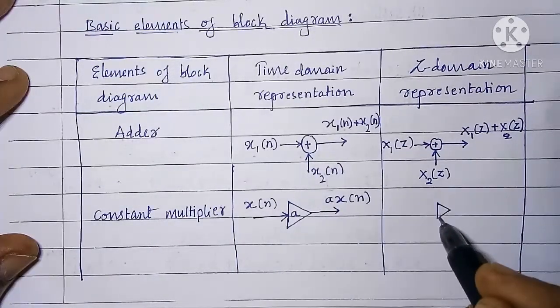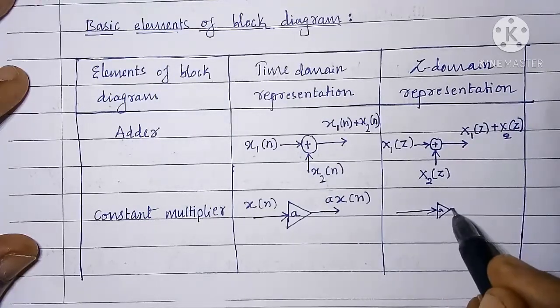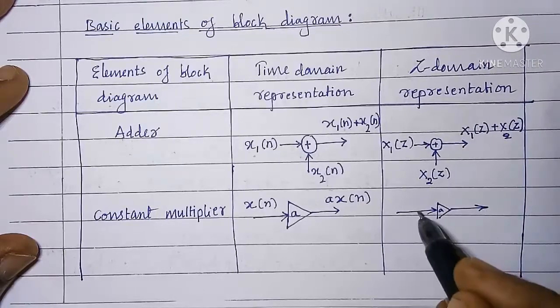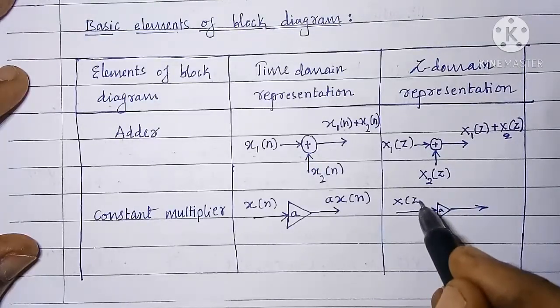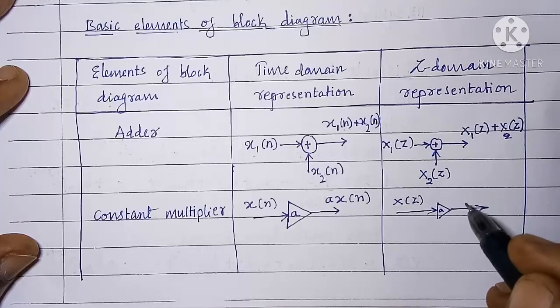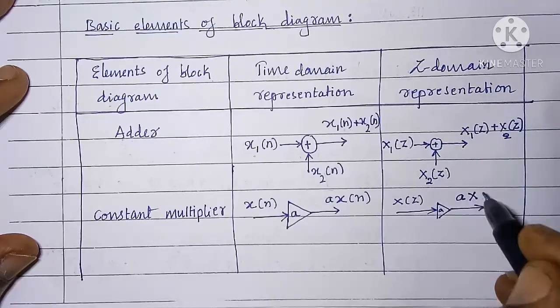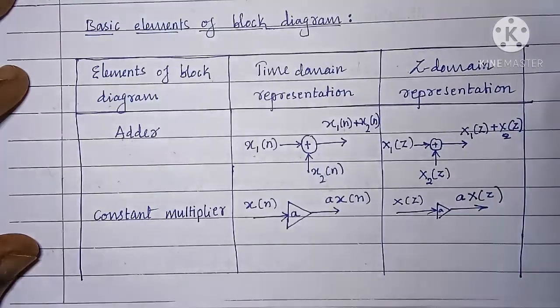Similarly, in Z domain, we have to pass x of z through constant multiplier to get a into x of z.